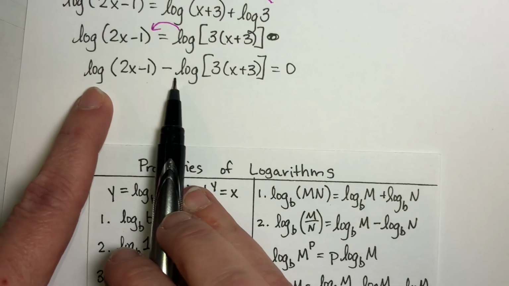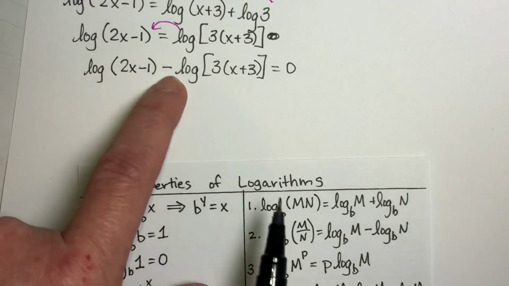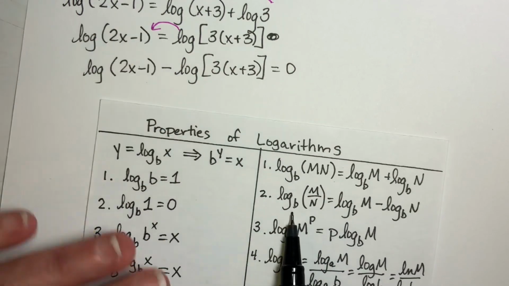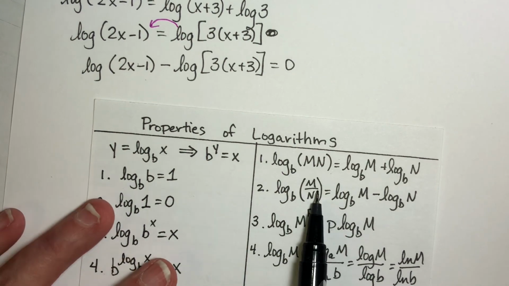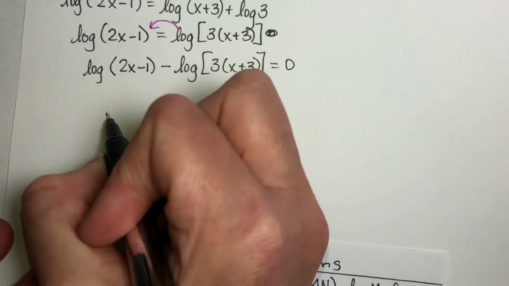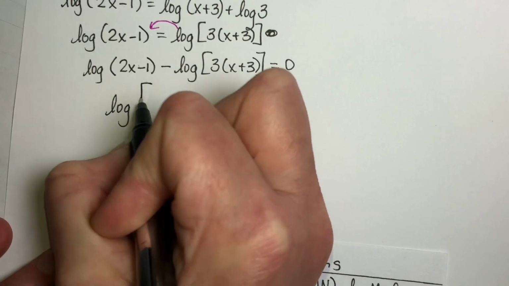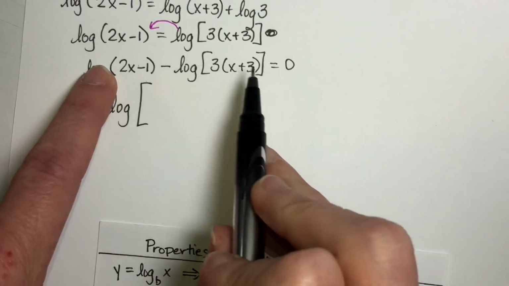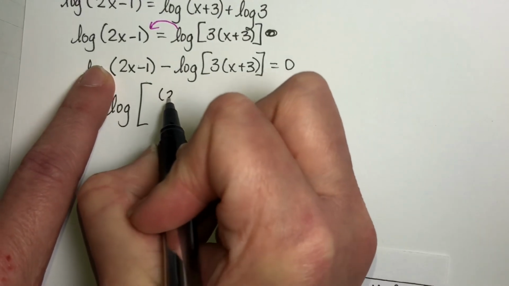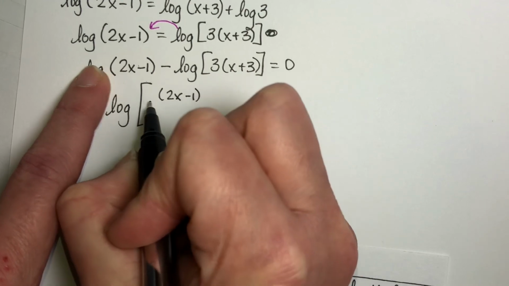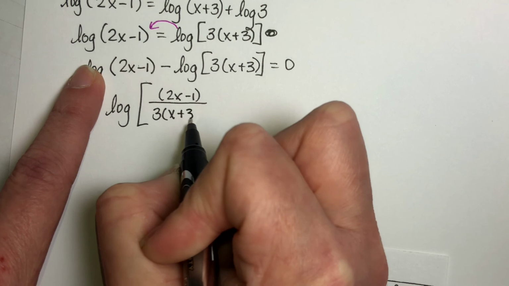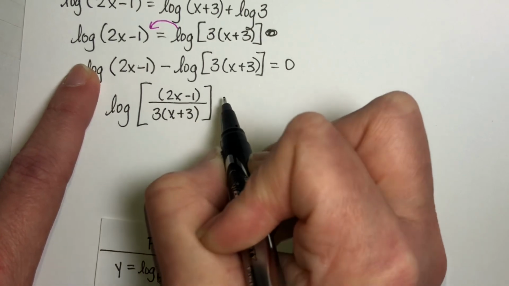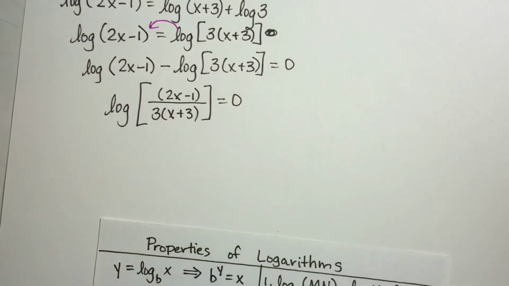Now I have these on the same side. They have the same base, but they're subtracted. So I can use property number 2 and combine these into one division argument. So this is the same thing as log of this one over this: (2x minus 1) over 3 times (x plus 3) equals 0.